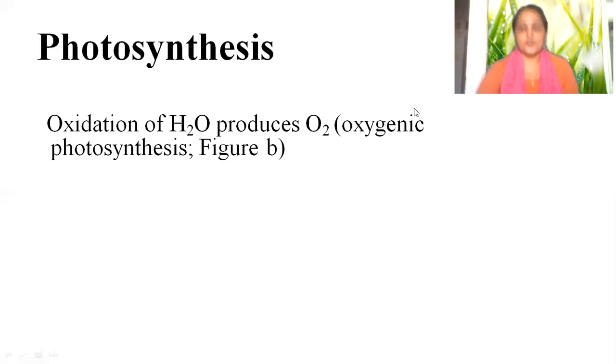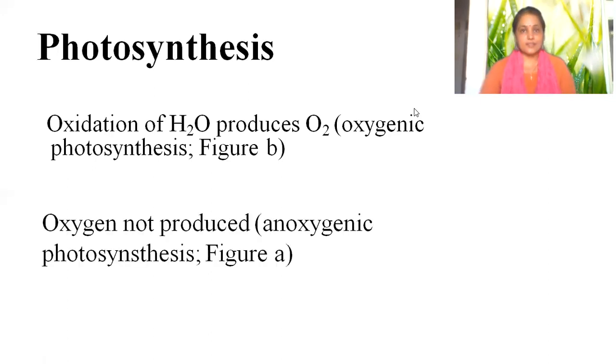The second group of organisms, following anoxygenic photosynthesis, do not produce oxygen during photosynthesis. So these are two types, carried out by two different groups of organisms.